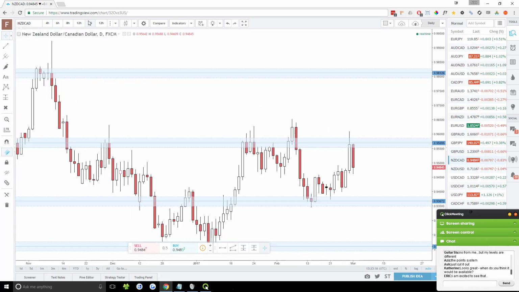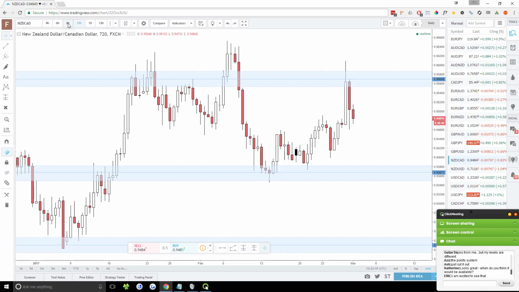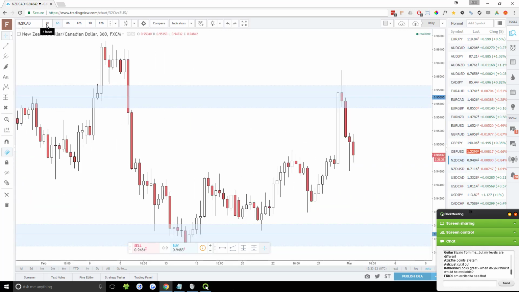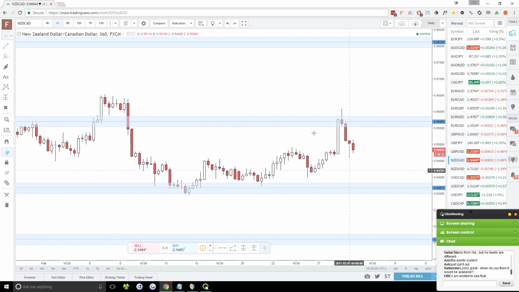New Zealand CAD. What was going on with New Zealand CAD? Oh, 6 hour. Was this short trade posted to the forum? I vaguely remember seeing this on the forum. Is anyone in it? Are you sure it was posted to the forum?